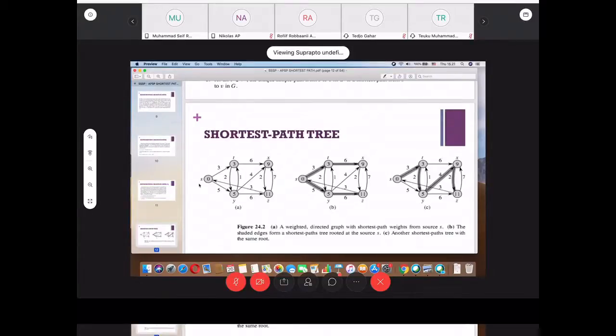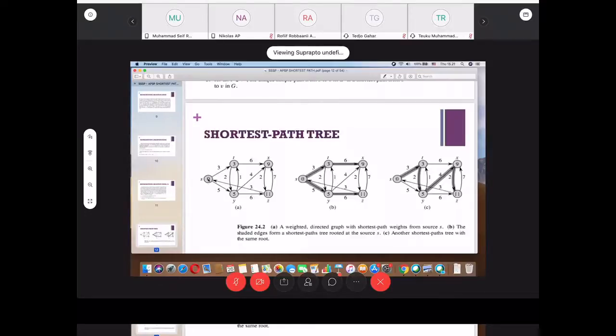And starting from this vertex S, the way to determine the shortest path from S to all reachable vertices in the graph is like the way we've done in BFS.